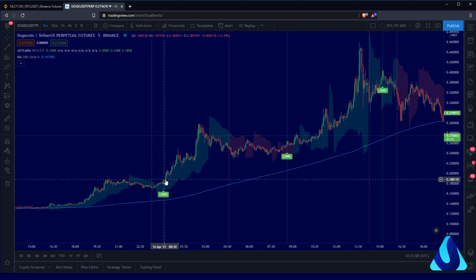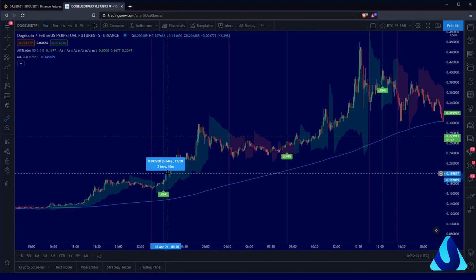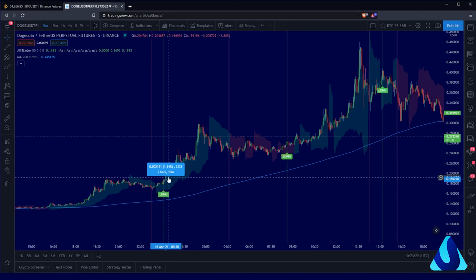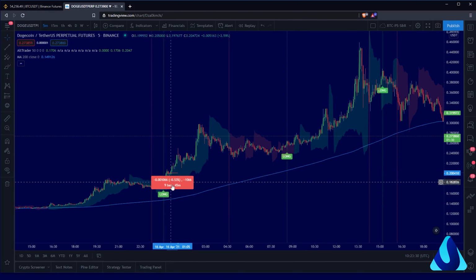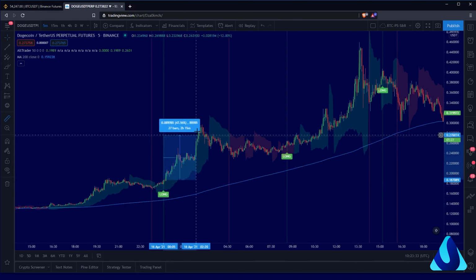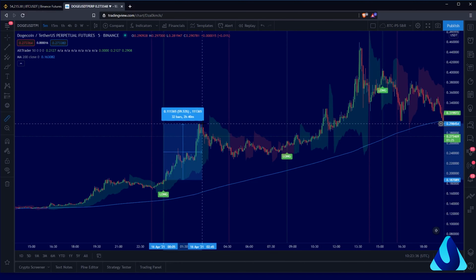So for instance, if you're using this indicator and you hit your 5%, essentially you could either move your stop loss to break even, or you could sell a percentage of the Dogecoin that you have and continue to ride it up, because just on this one move over the course of 2.5 hours, there's pretty much a 60% move, and again this is without any leverage.